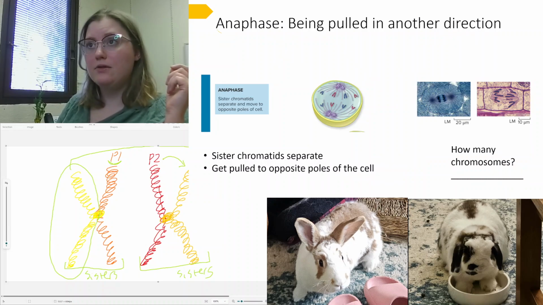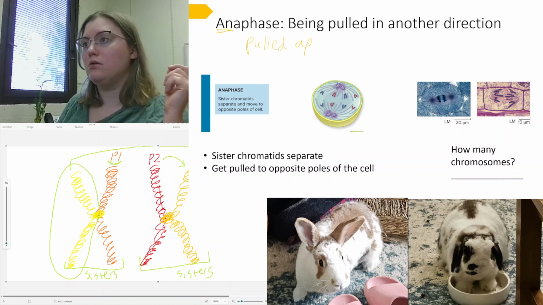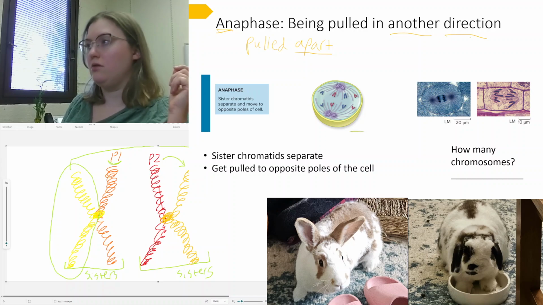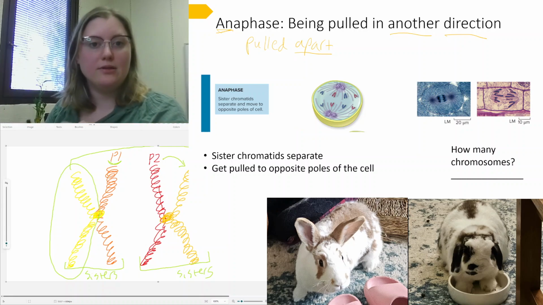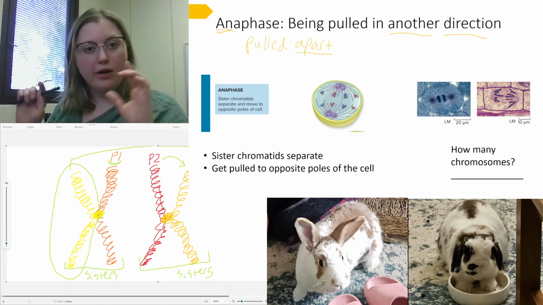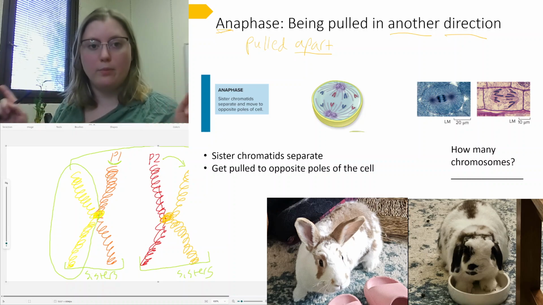In anaphase, we're being pulled apart. So anaphase, apart, another direction, whatever helps you remember. Okay, this is where our sister chromatids get separated. This is where the centromere is going to separate, and our 2 chromatids are going to be pulled apart.